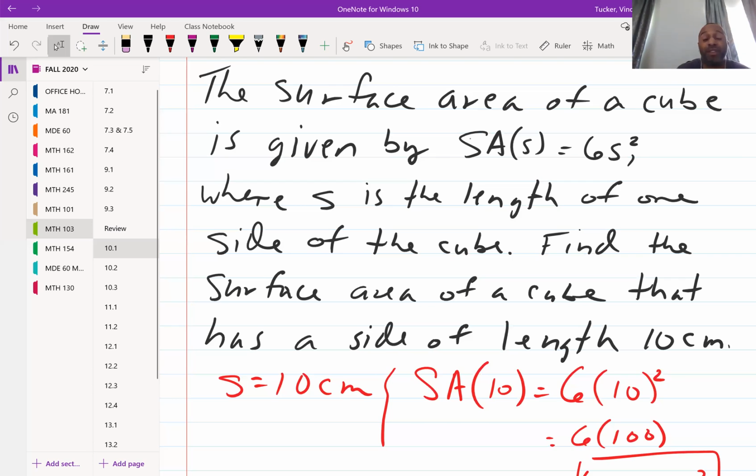I felt like we could have used a better way of determining that function, but that's how they gave it. So I try to give it to you the way they give it, where S is the length of one side of the cube. So it says find the surface area of a cube that has the side length of 10 centimeters.